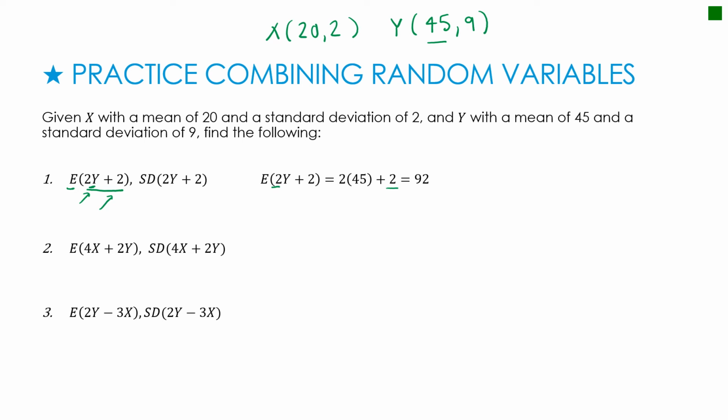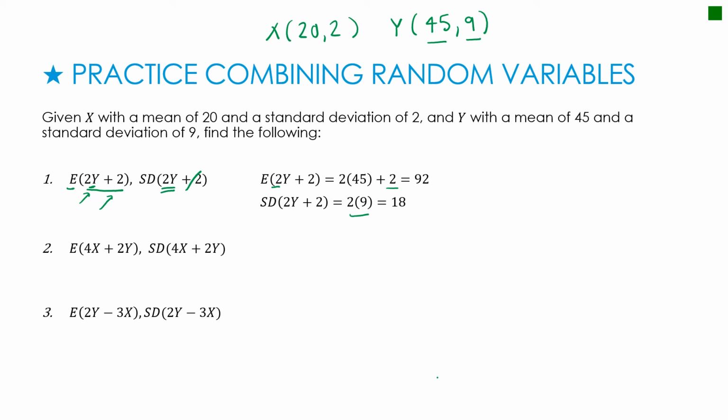But looking at the standard deviation, we said, yes, this is going to be affected if I multiply it, because we looked at a few examples in that way. But does the 2 make a difference? No, it's not going to matter if I add anything to it. So notice the standard deviation is just me multiplying the standard deviation of 9 by 2 to get 18.